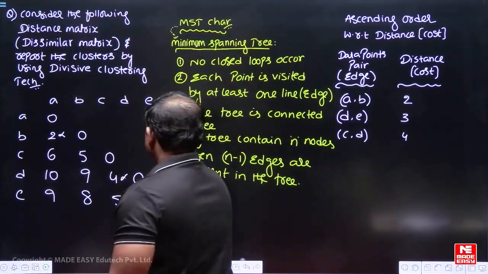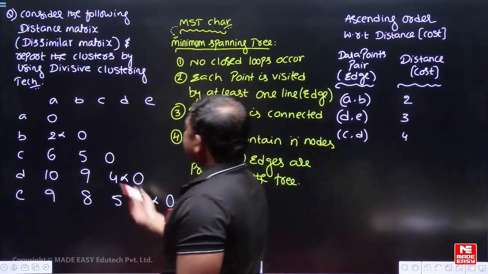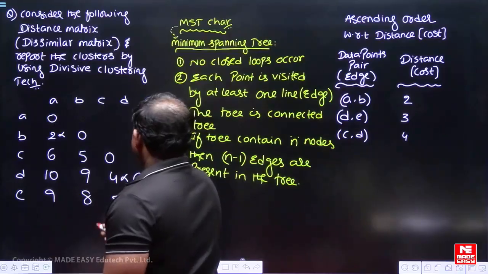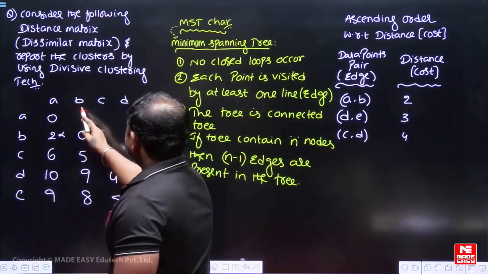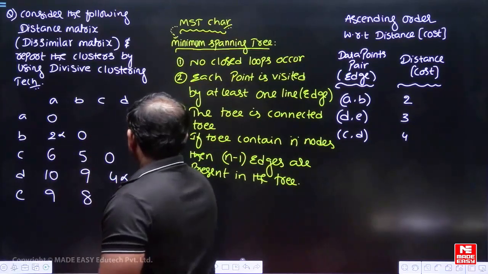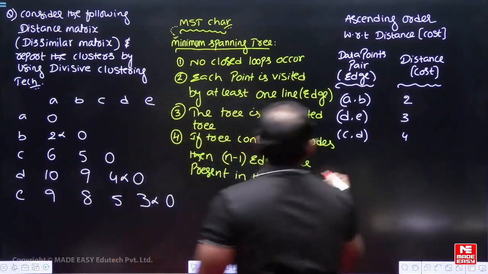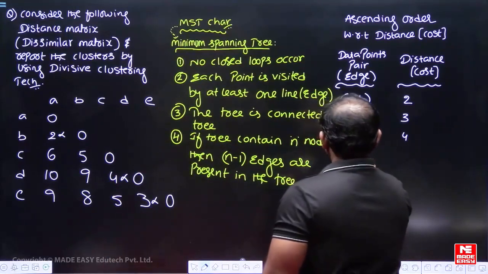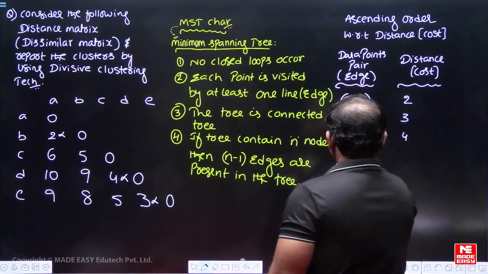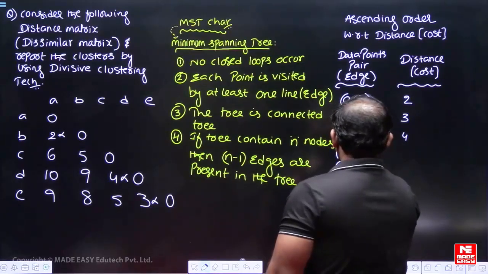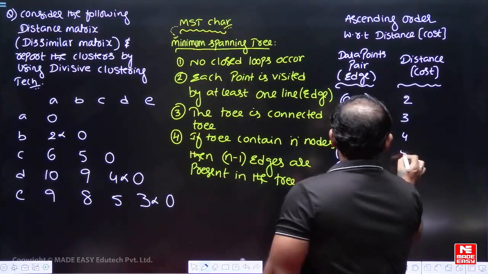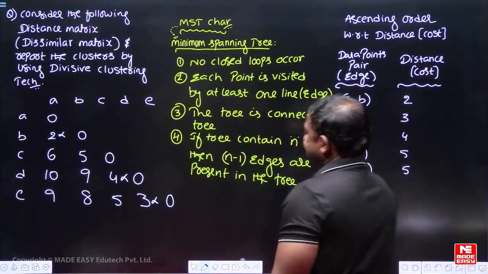Then next, the smallest value is 5. Pair is B and C, and C and E. So cost is 5.